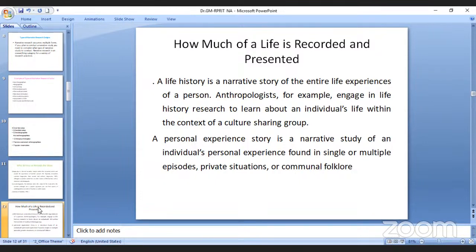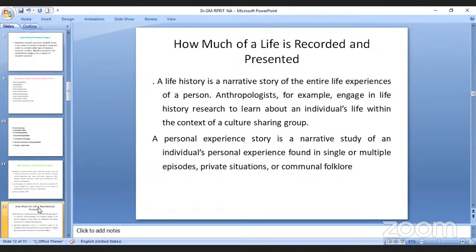Then a personal experience story is a narrative study of an individual's personal experience found in single or multiple episodes, private situations, or communal folklore. So the story can be a single one, or it can go on to multiple episodes.